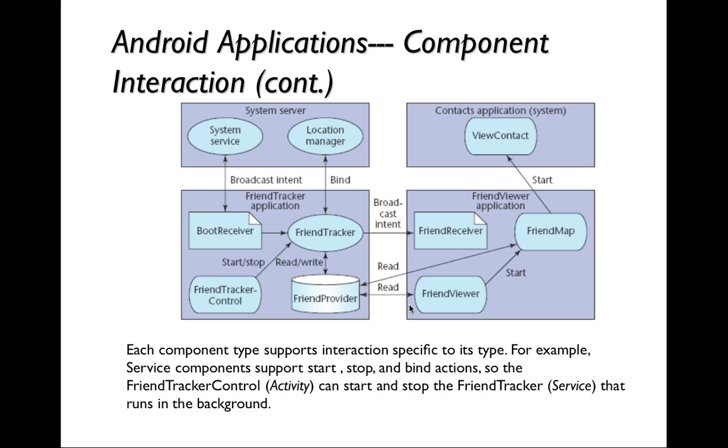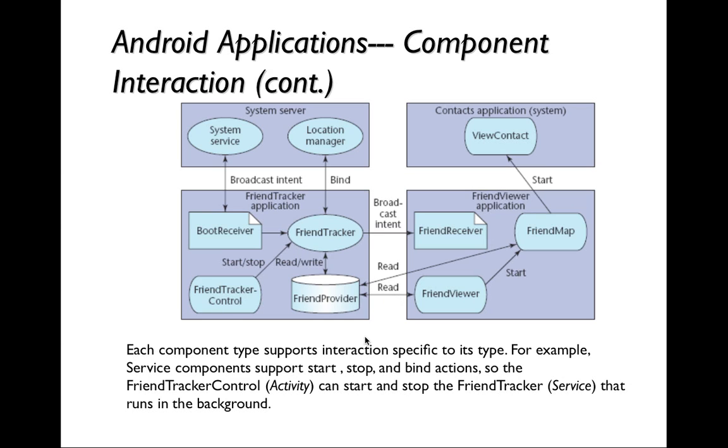And then each component type supports interaction specific to its type. So the broadcast intent only works with the broadcasts. And we have the broadcast that sends and the broadcast that receives. So what we do, going back to the design philosophy, is we take the intents and we separate them out for their purpose, and we assign them to different communication mechanisms, and then we can turn on and off the different security that's associated with the intents, because we have it separated out in terms of the abstraction.